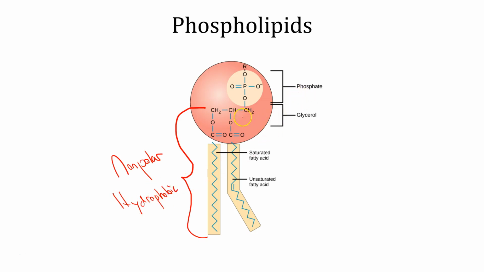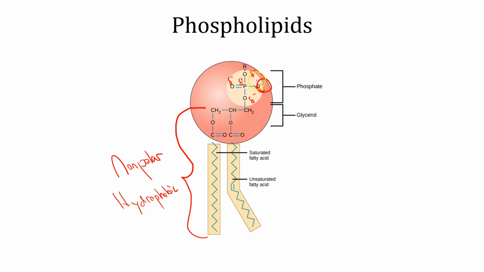But then in addition, on the one last binding site of glycerol, rather than binding to another fatty acid, it actually picks up a phosphate group. So that's what you see right here. In the phosphate group, if we know anything about a phosphate group, you look at all of these oxygens that are sucking electrons from places. So there's going to be a pretty positive charge on the phosphorus, pretty negative here, and in addition, it has one extra electron compared to protons.